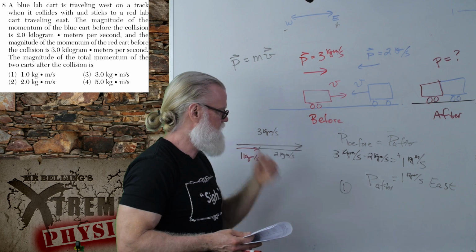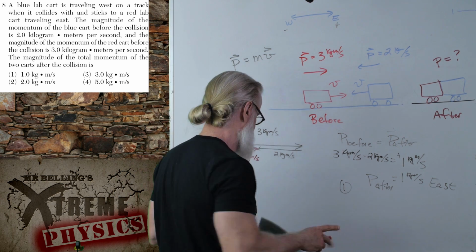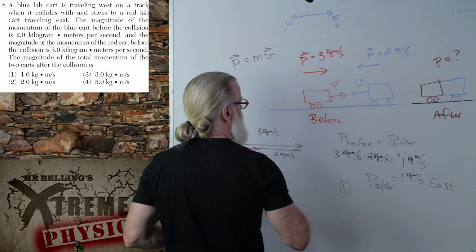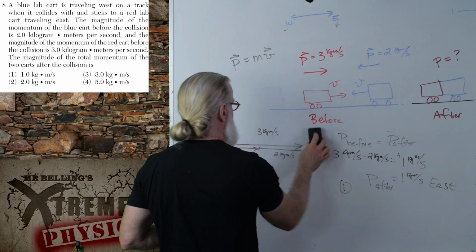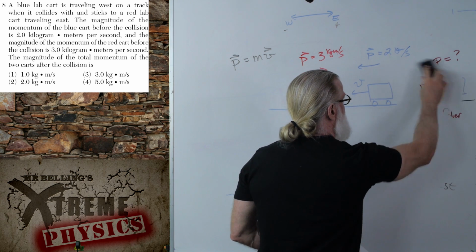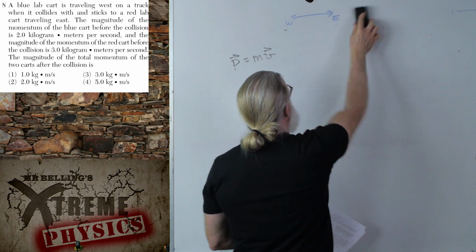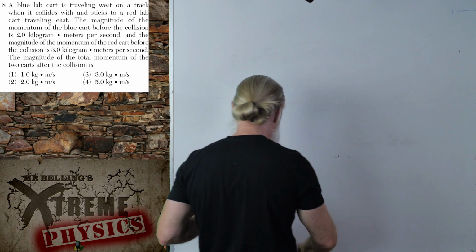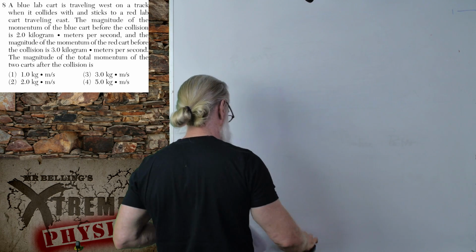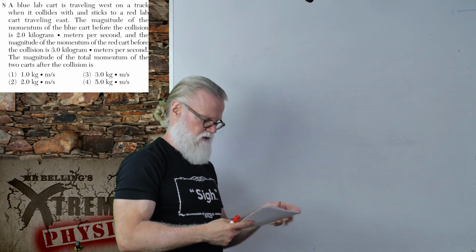And that's why when vectors get more complex in a more advanced physics class, you will break them into their x, y, and z components. But you don't need to do that in this class because they're going to keep it simple in the Regents exam. So there you go. Momentum is a vector. It's also a conserved quantity. Two very important things in physics.